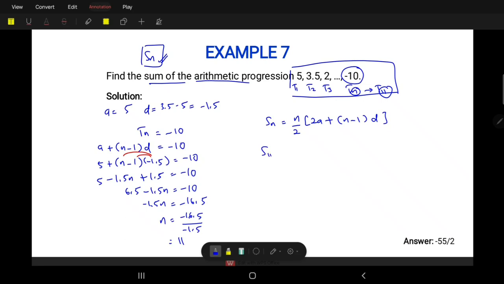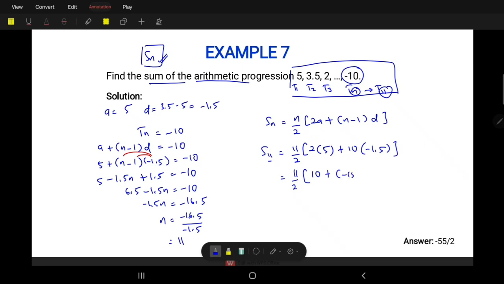So, S11 equals 11 over 2 times 2a, which is 5, plus, where n is 11, and 11 minus 1, you will get 10. D is negative 1.5. Okay, so calculate. 2 times 5, you get 10. 10 times negative 1.5, you will get negative 15, right?